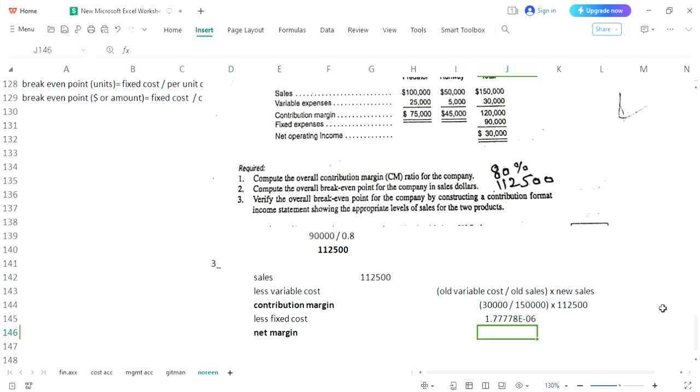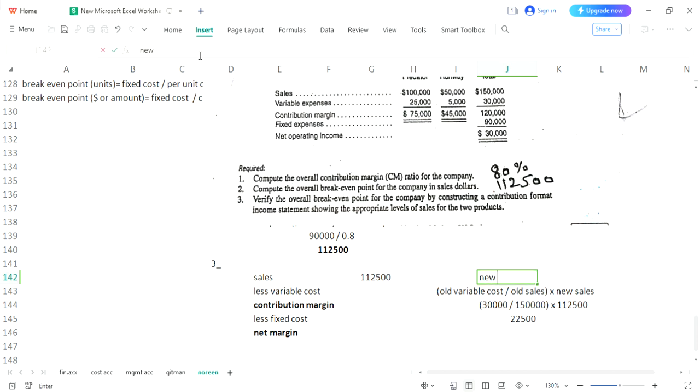In this way you have got your answer. Okay, so it needed to be multiplied. So you have got your answer 22,500. It is your variable cost.